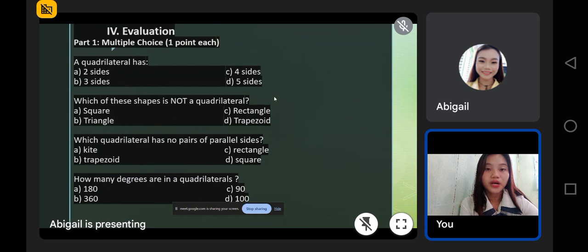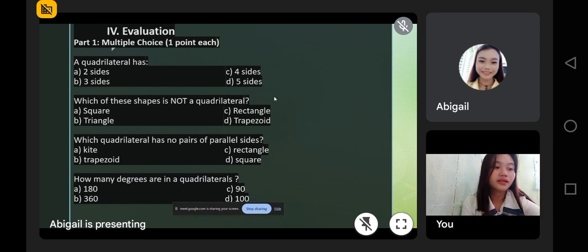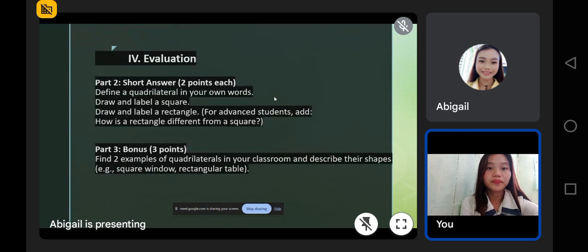And here in the evaluation, part 1 is multiple choice, 1 point each. And then in part 2, there are 2 points each. The students will answer these questions: define a quadrilateral in your own words, then draw and label a square, draw and label a rectangle, and how is a rectangle different from a square.